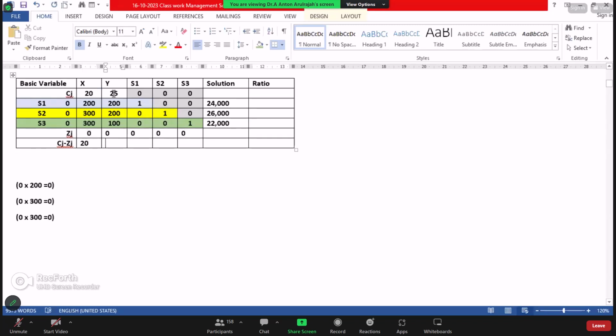Then 25 minus 0 is 25. This 0 minus this 0, that is also 0. This 0 minus this 0, that is also 0. This 0 minus this 0, that is also 0.